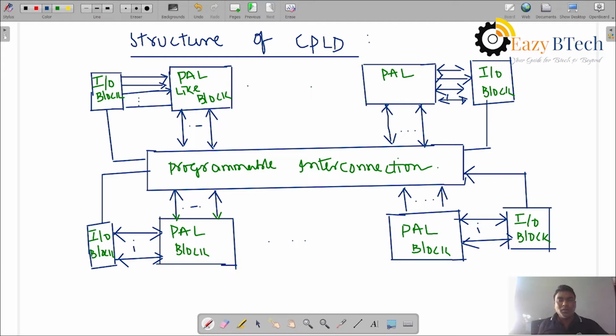PAL blocks. PAL is a programmable array logic.